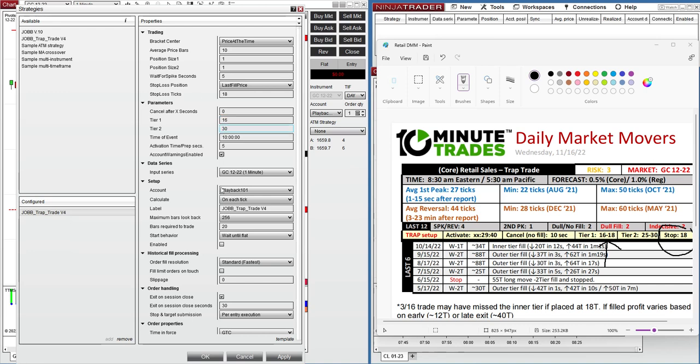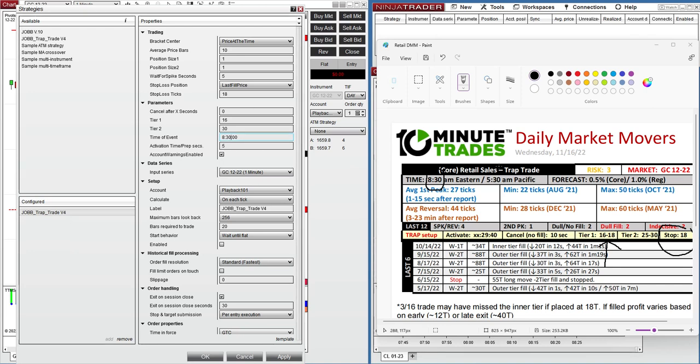And then the time of the event is 8:30. That's when retail news comes out, 8:30. So we type in time of the event. And then remember the activation time.